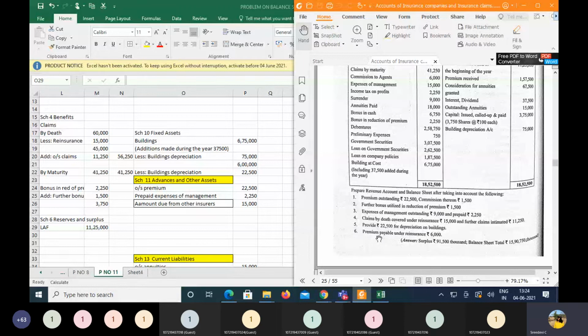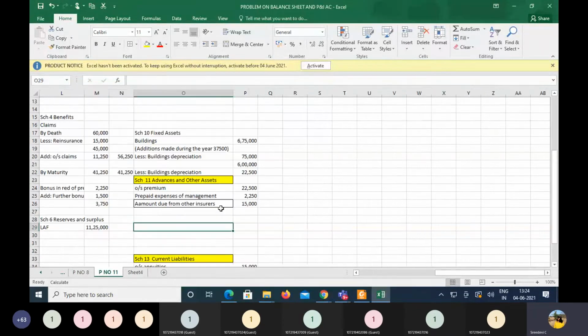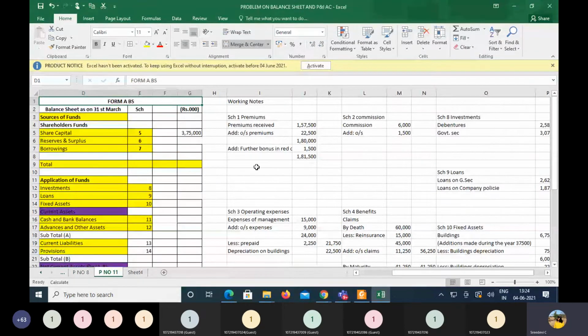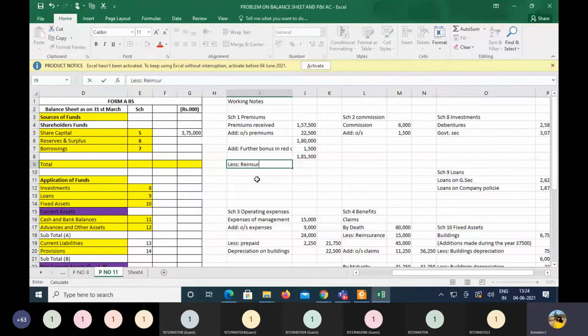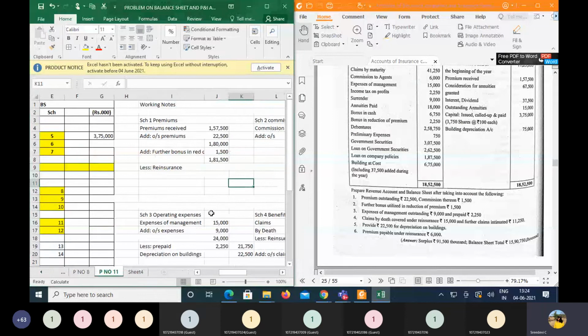Now next we have the last one, that is premiums payable under reinsurance. If the premiums have been payable under reinsurance, as I already told you, minus it from the premiums and take it as a liability. So first let us minus it from the given amount of the premiums. The premium amount here is 1,81,000, the balance of the premiums after the above adjustments. Less reinsurance, and the amount of the reinsurance here is 6,000.